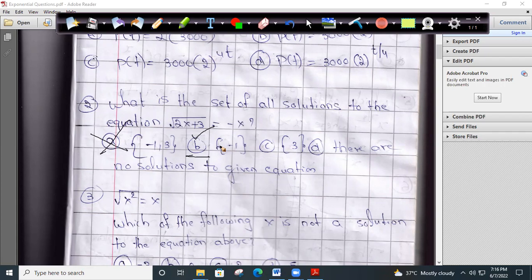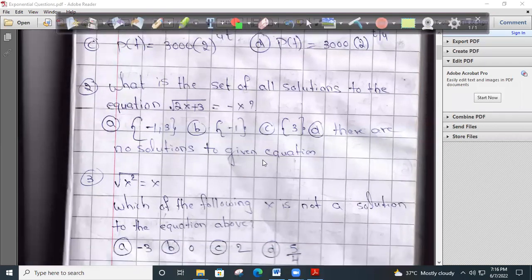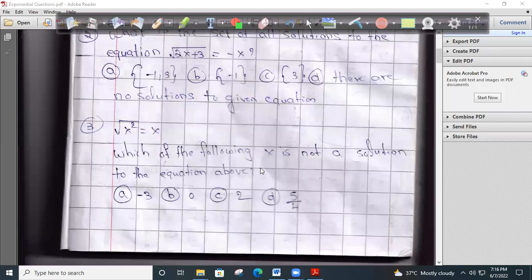Now, with the knowledge that I explained to you right now, try to solve question number 3 and give me your answer. Everyone should solve.